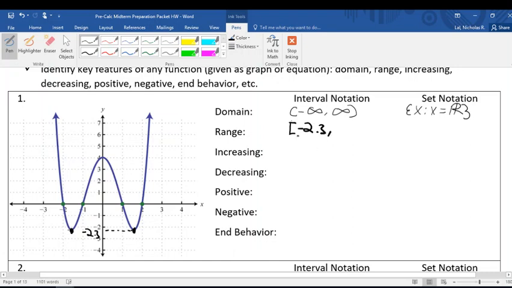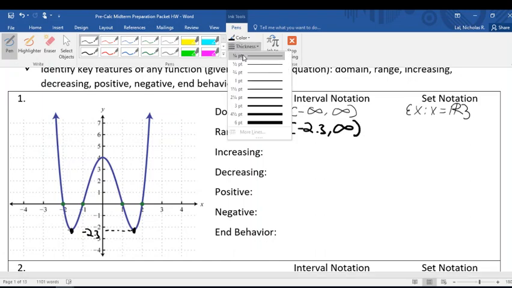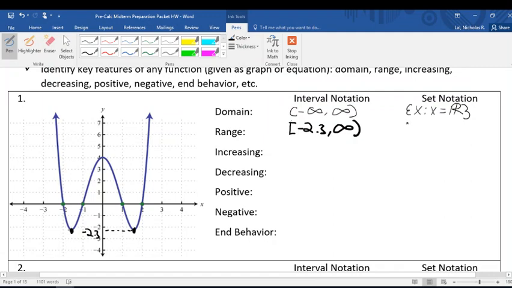You always start with the lowest value. To, look, the y value here goes up forever, indicated by the arrow. So to infinity. And using set notation, we write that as y such that y is greater than or equal to negative 2.3.